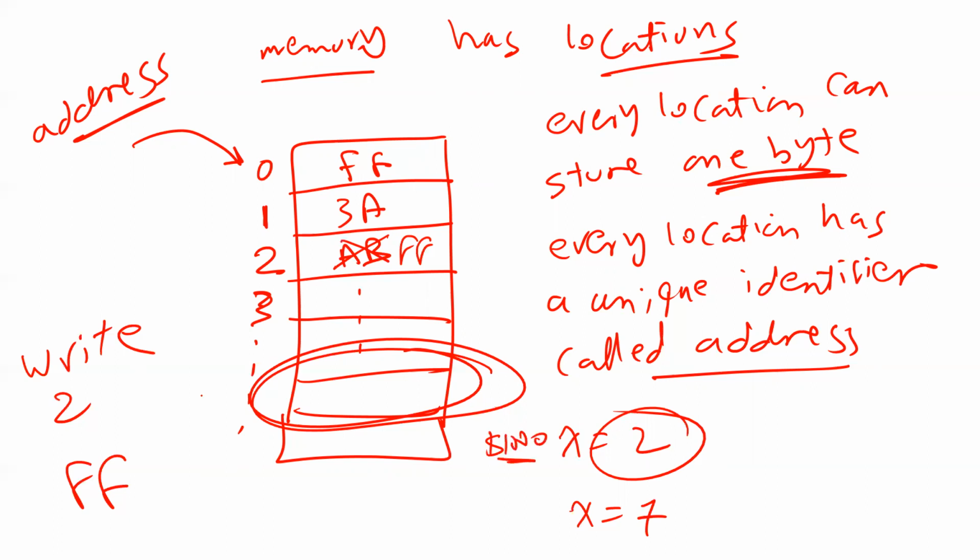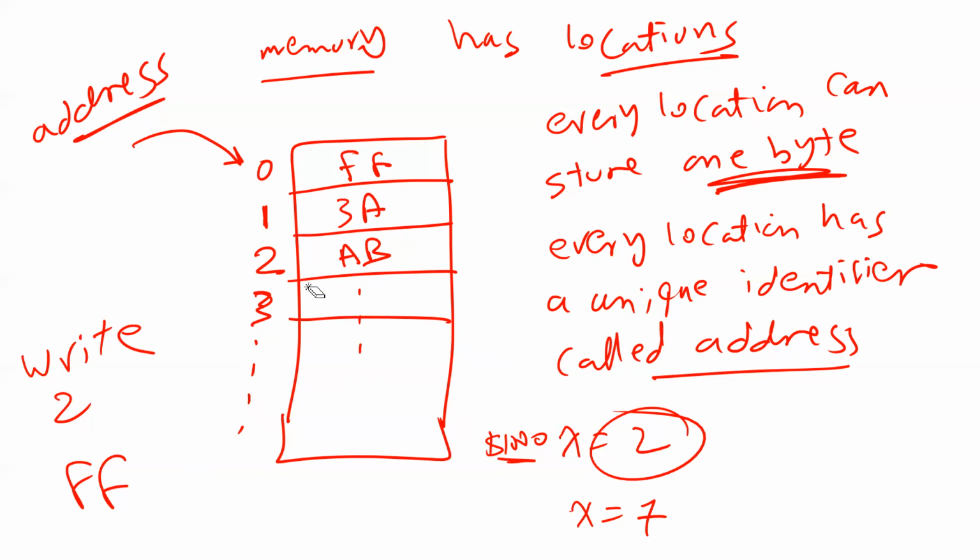So physically, x has a physical location, 1000. If you write to 1000 or read from 1000, this is x. Every variable used in C language has a physical location, which is a memory location. Is that clear, guys? That's why if you read, you are going to copy and not destroy the value. However, when you write, you are going to overwrite.